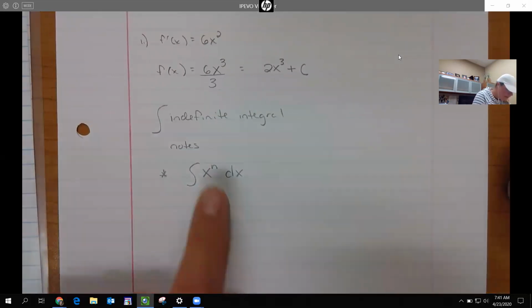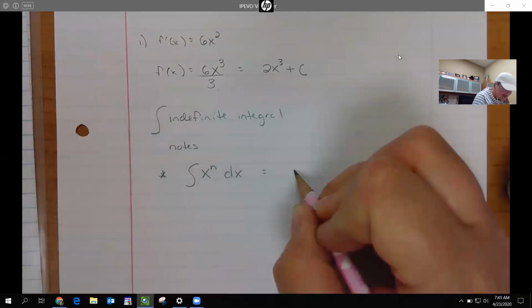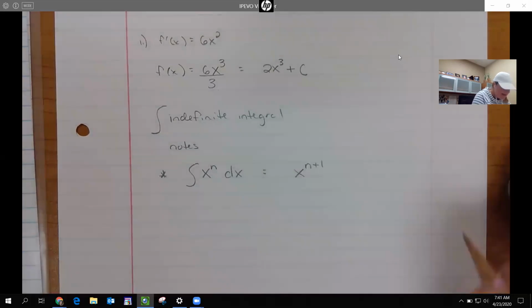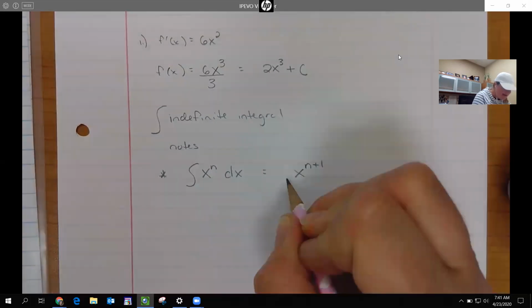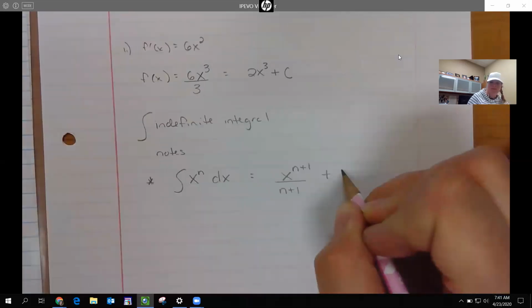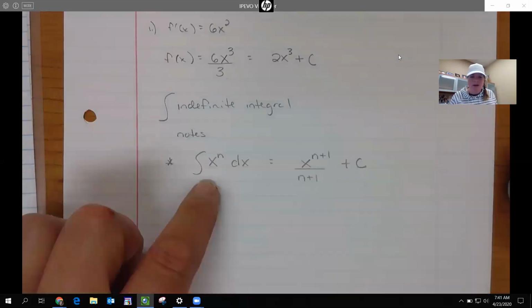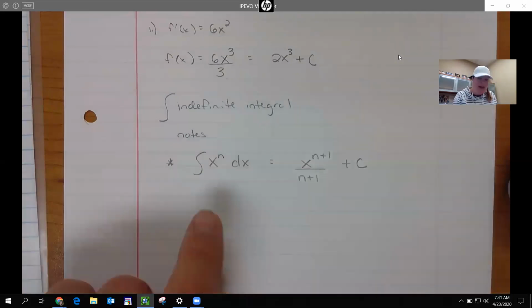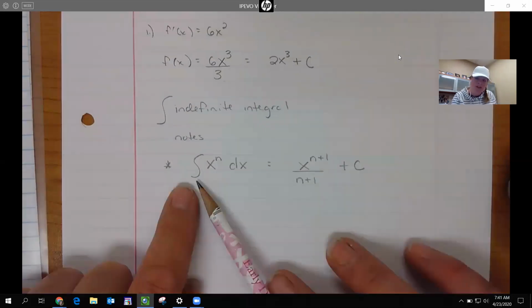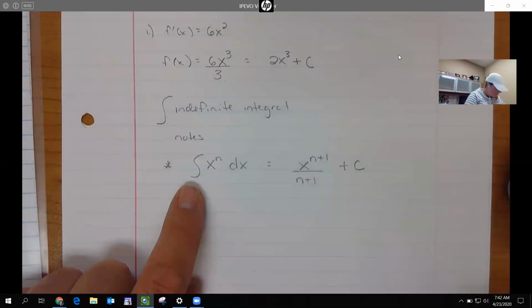The way we would solve this is the x is going to add 1, just like we did, and then you divide by that added 1, then you add the c. So to get rid of the integral sign and go back to the original function, we add 1 to the exponent and divide back by that.